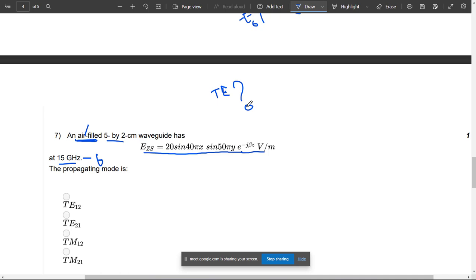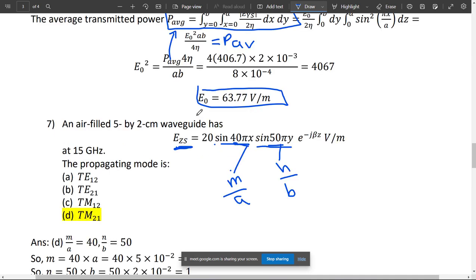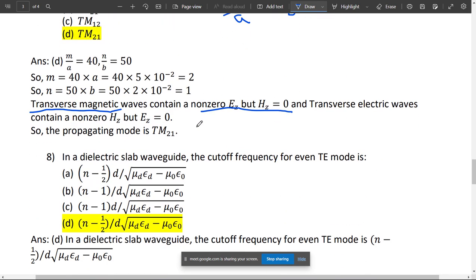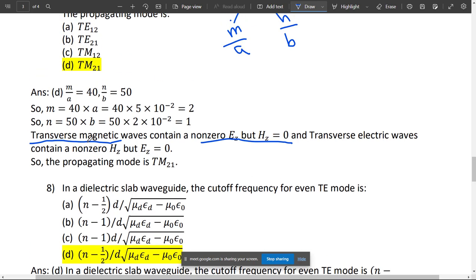Madam, the value is 0. Direction of propagation only, it contains electromagnetic waves, not electric and magnetic field. No, Hz won't be 0, because for a transverse magnetic wave, Ez will be non-zero, but Hz will be 0.